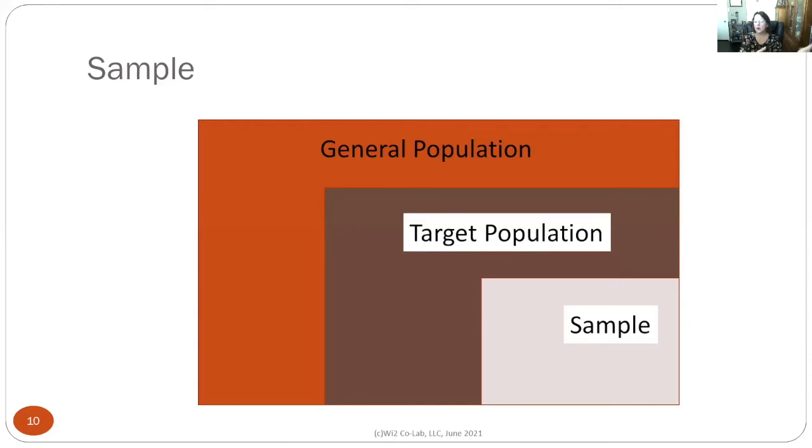Many of you in the qualitative realm probably heard of purposive sampling, convenience sampling. In COVID, we're doing a lot of snowball sampling. So you need to make sure that you understand this, because you can get derailed or misaligned by how you describe your general population, your target population, and your sample. So this is another area you have to be an expert in.